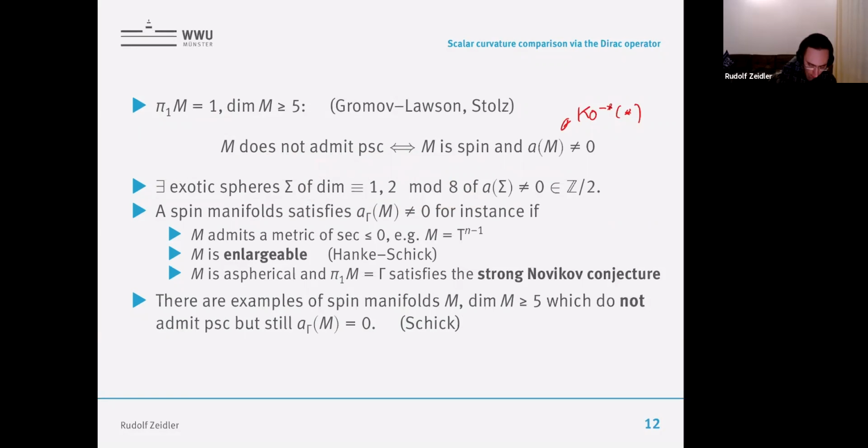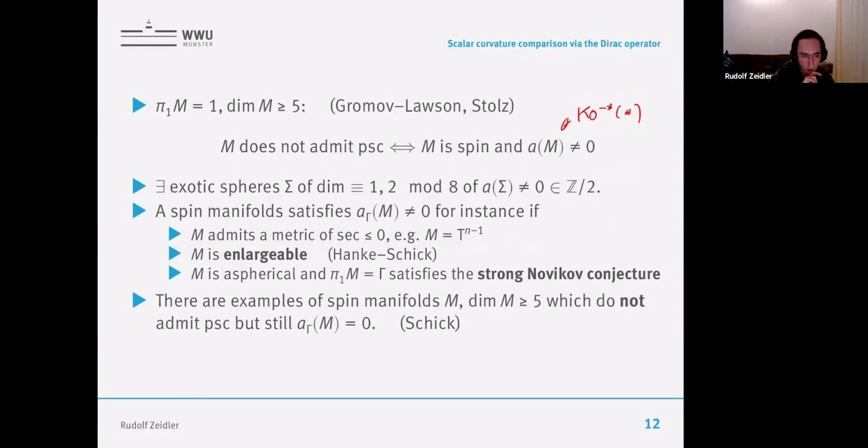If you now bring the fundamental group into the picture, this is just a selection of statements, but one very important fact is that if you have a metric of non-positive sectional curvature, for instance the torus, then this refined invariant involving the fundamental group is non-zero.